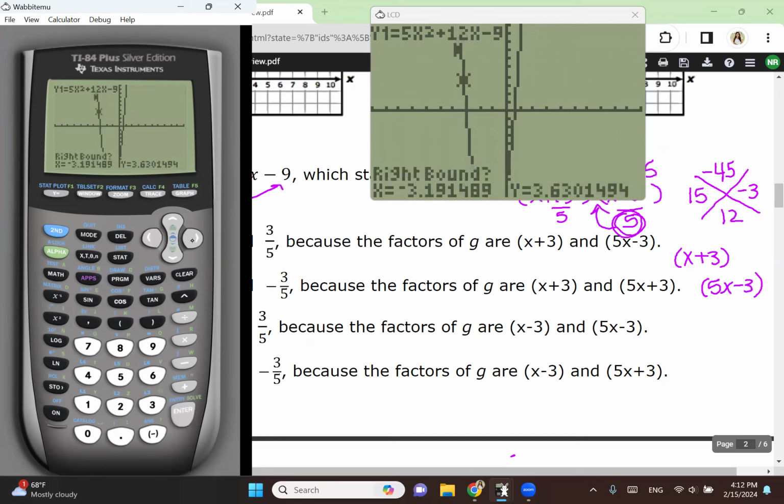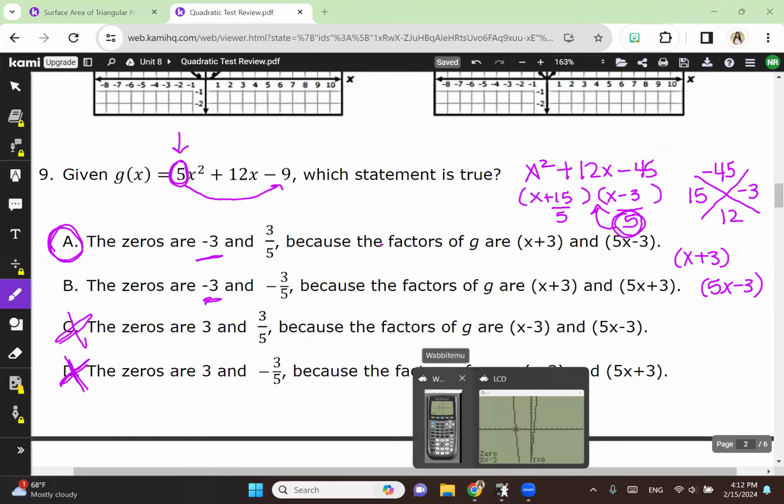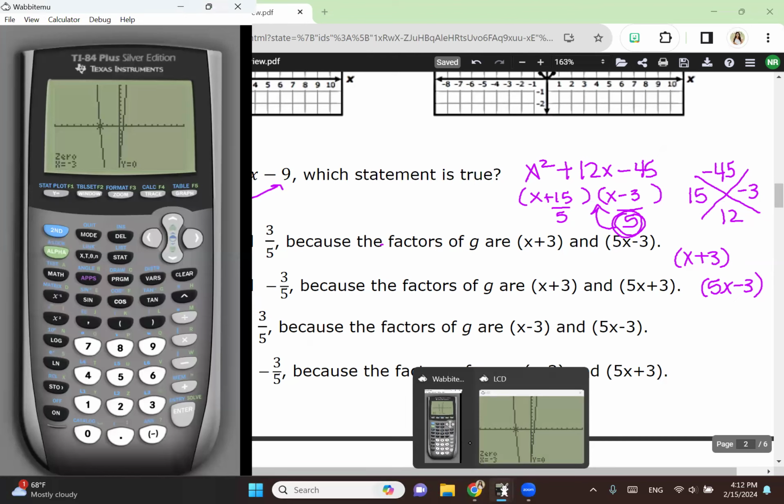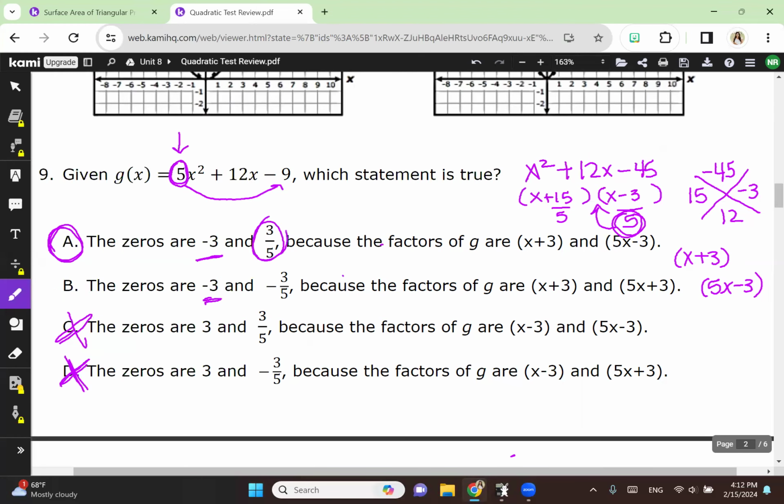Go back to the intercept. Now I'm going to go to the right side of it. So my zero is (-3, 0), which it says my zero is -3. That means I can cancel out C and D. I can go back and calculate the other one, but clearly you can see it's on the positive side, right? So I go with A.